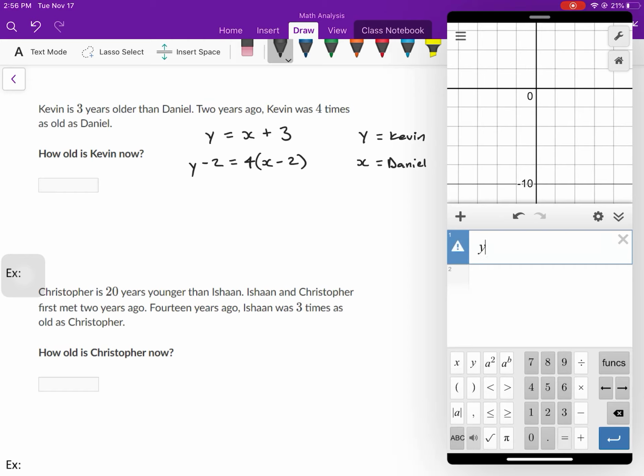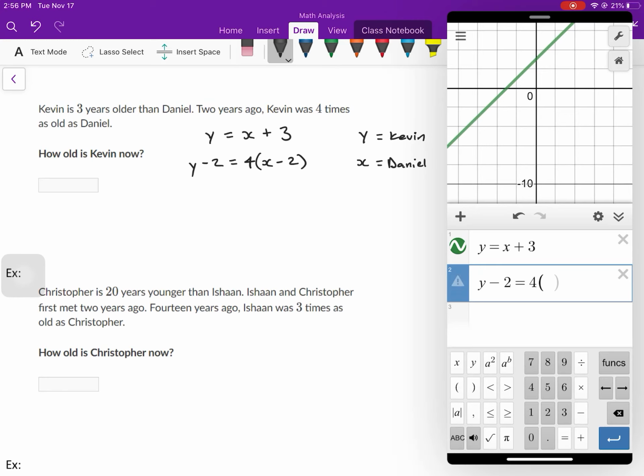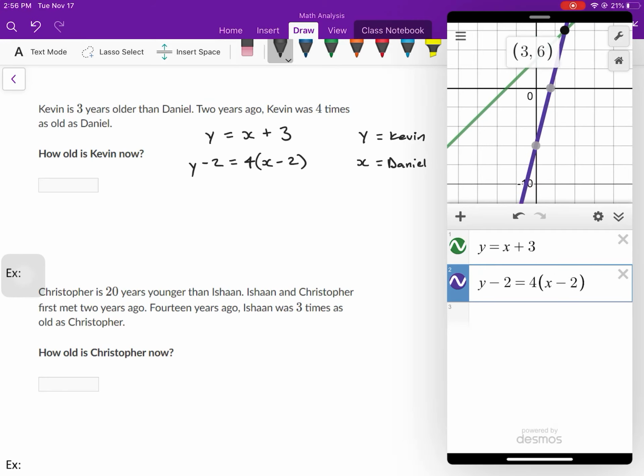I'll be honest, this is the first time I've seen these problems, so even that one kind of confused me with the 2 years ago. Usually they don't do that little loop in there, but it's not too bad if you think about it a bit. These are going to take some heavy thinking, but if you get these down, honestly, this is great.